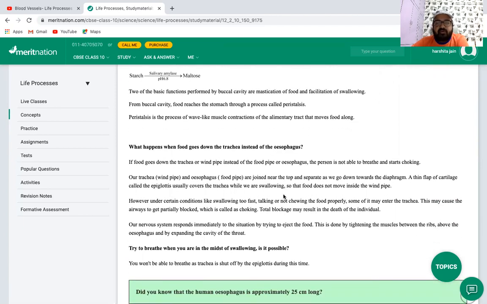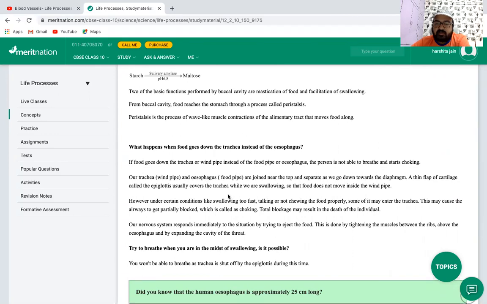What happens when the food goes down the trachea? If the food goes down the windpipe, it is very difficult to breathe, and we say hiccup aa gaya, hitchki. Our trachea and esophagus are nearly joined near the top and separate as we go down. A thin flap of cartilage called the epiglottis covers the trachea.